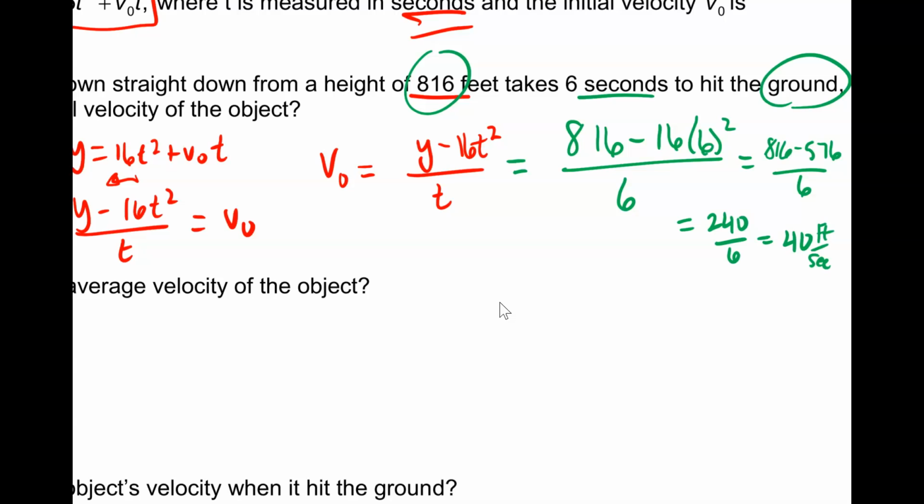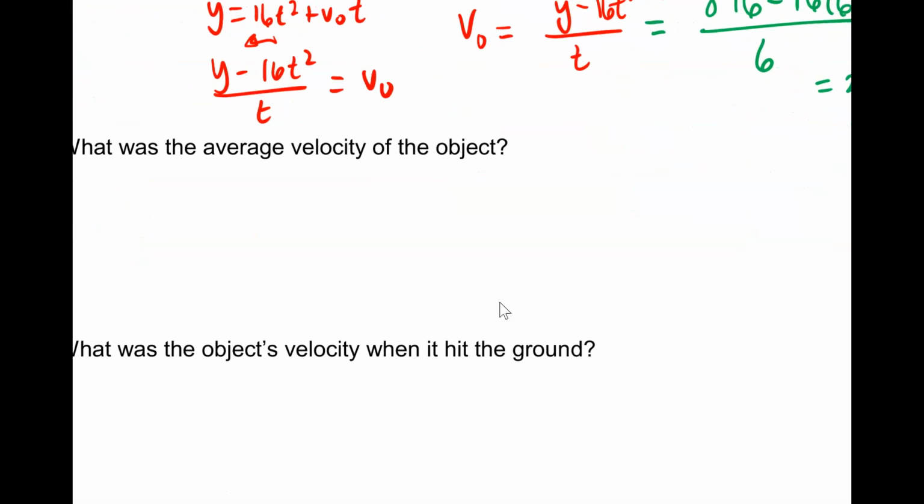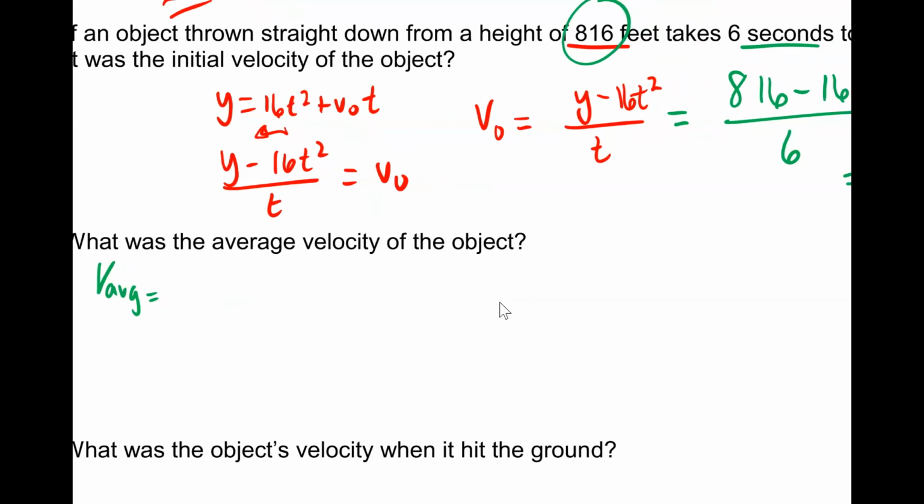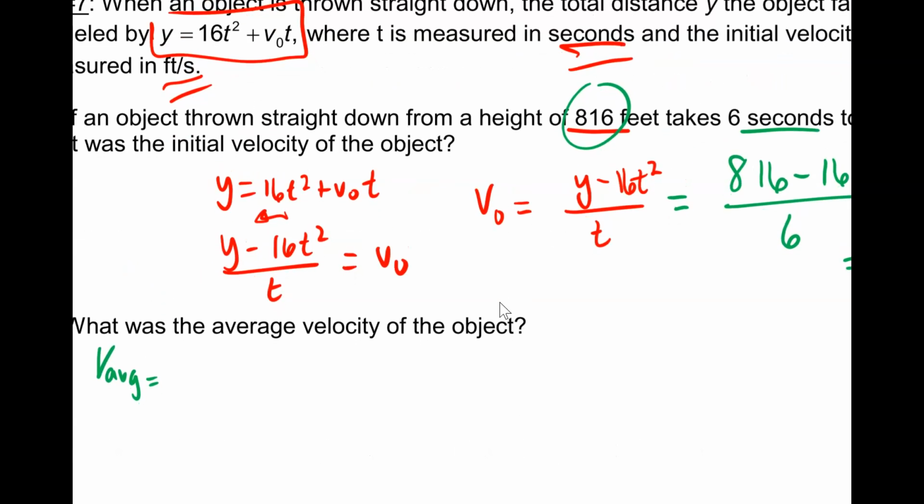What was the average velocity of the object? Okay, so over this 6 seconds, let's find the average. So V average, see our function. We say f of t2 minus f of t1 over t2 minus t1.